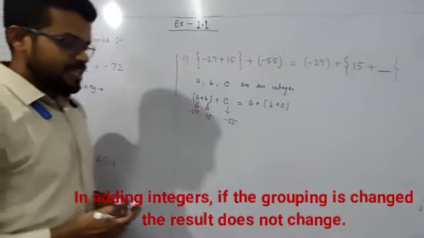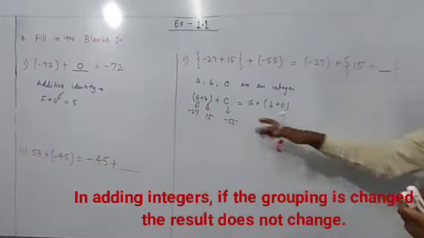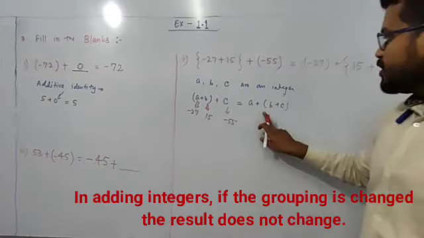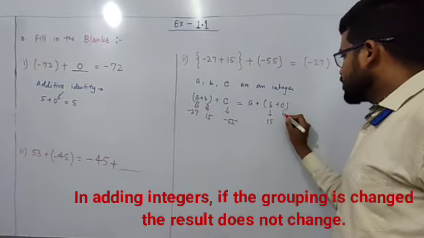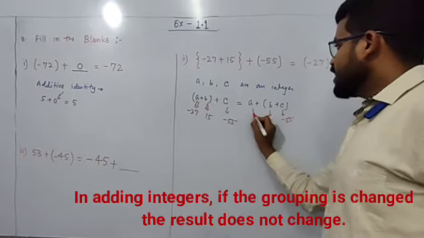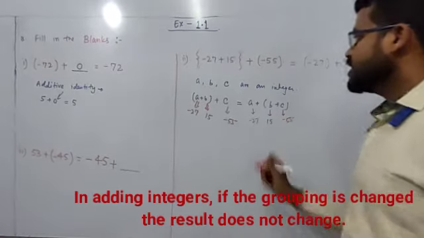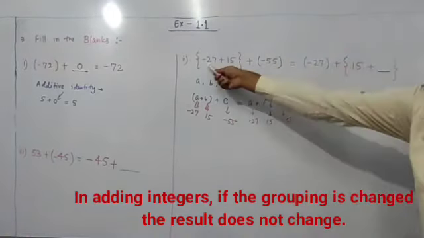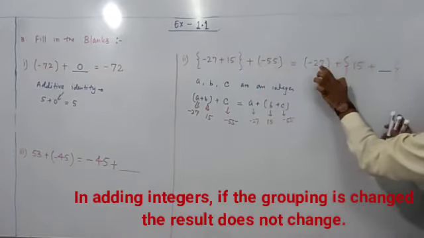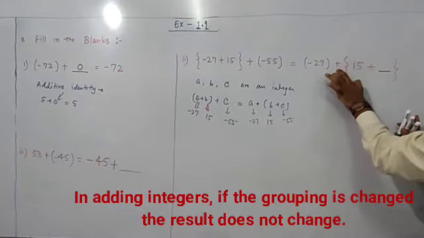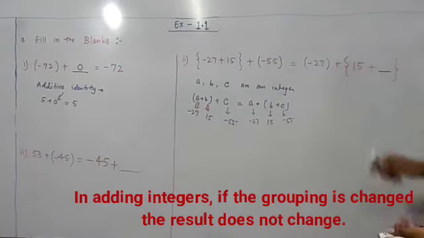So if we change the group, what do we get? B is 15, C is minus 55, and A is minus 27. So here this is A plus B plus C. What is the value of C?